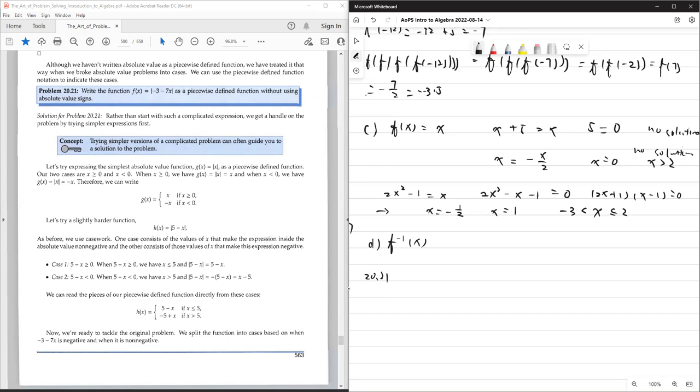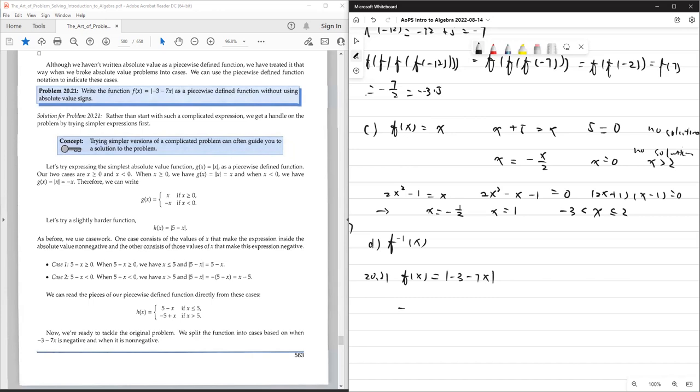Let's see. 20.21, write the function f of x equals to the absolute value of -3 minus 7x as a piecewise defined function without using the absolute value sign. So an absolute value function is actually piecewise. What happens is f of x changes depending on the value inside the absolute value sign.